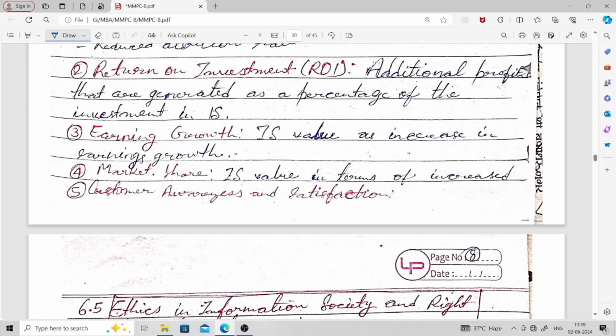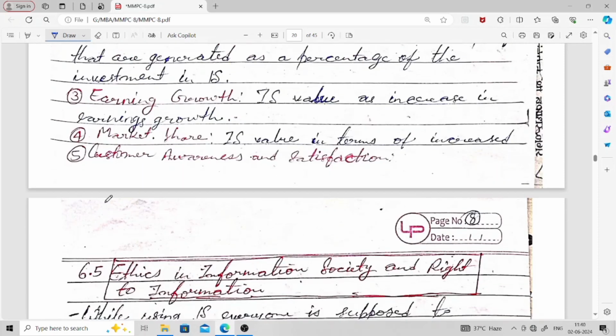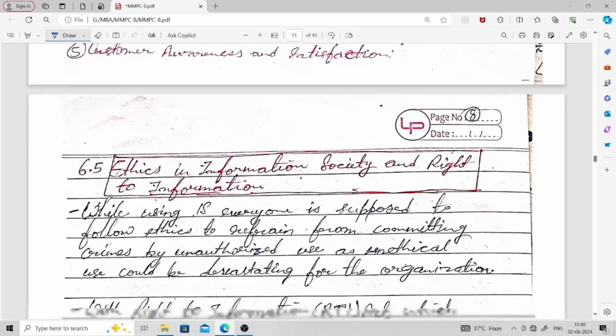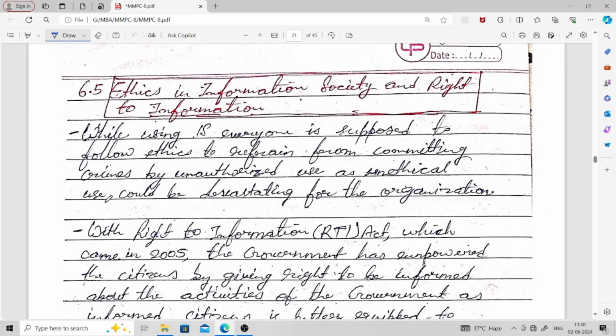Then next we have the customer awareness and satisfaction, and customers also become more aware, because when we use information system, then we are able to reach more number of customers, and then we are able to provide the right kind of information to them, so that they can use that information for their purpose. Then we have 6.5 ethics in information society and right to information.